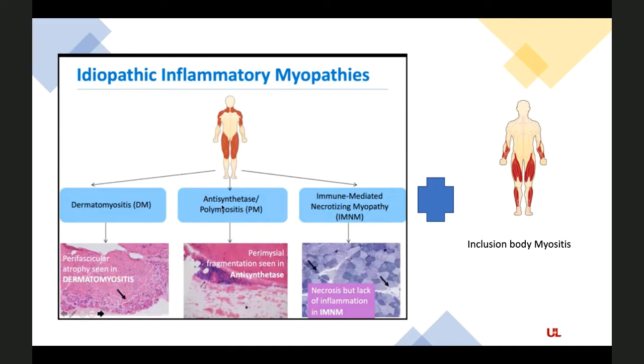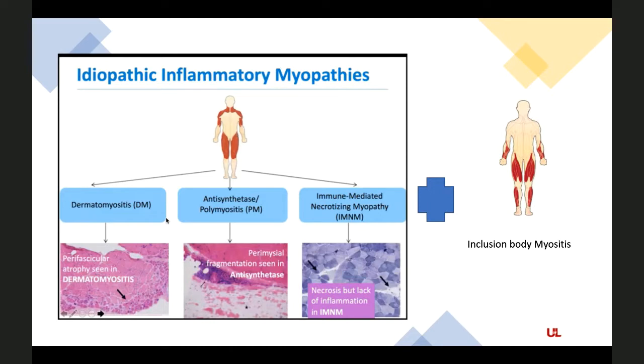With the first three, dermatomyositis, antisynthetase, and necrotizing myopathy, the initial pattern of muscle weakness, as you can see in the figure, is usually proximal. So it's difficult to diagnose just by the first presentation of the patient, because they all can have a similar type of muscle weakness.